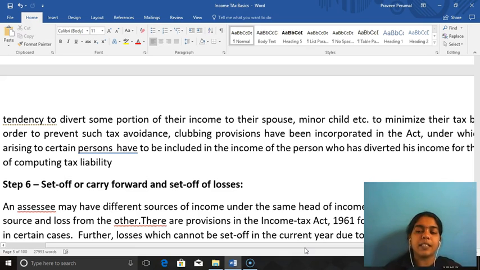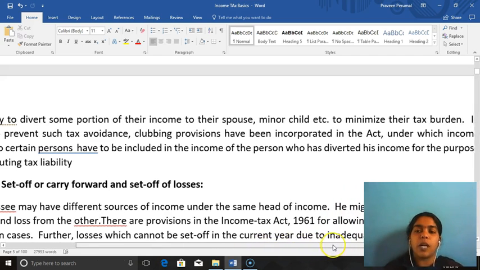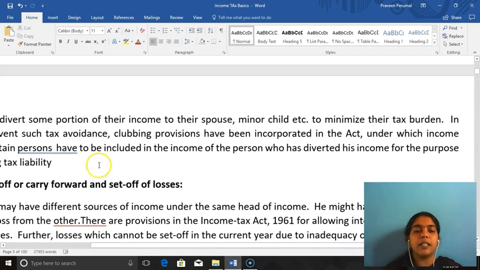He is thereby transferring the income to his wife, even though the wife is nowhere related to that income, and thereby trying to reduce his income tax payable. So to minimize the tax burden, the income is diverted to a spouse, minor child, etc.